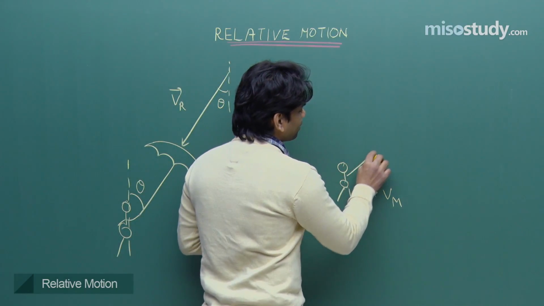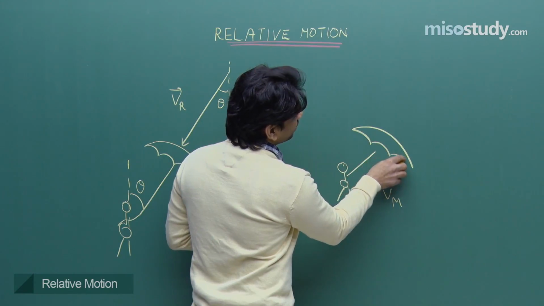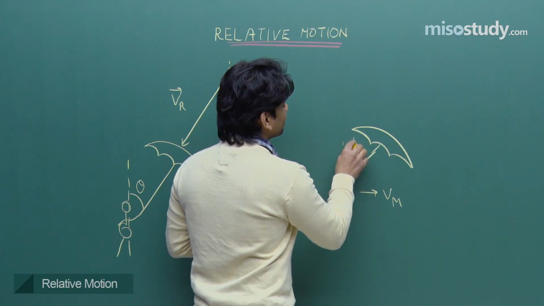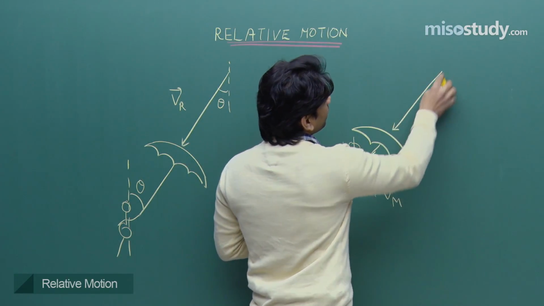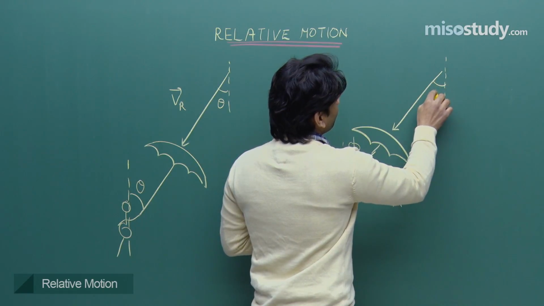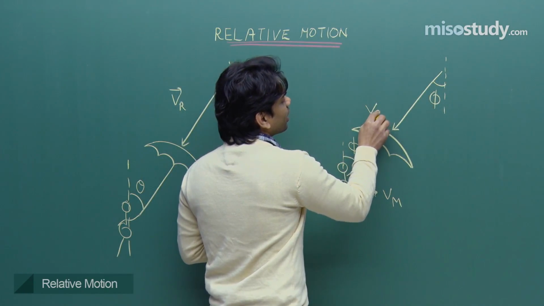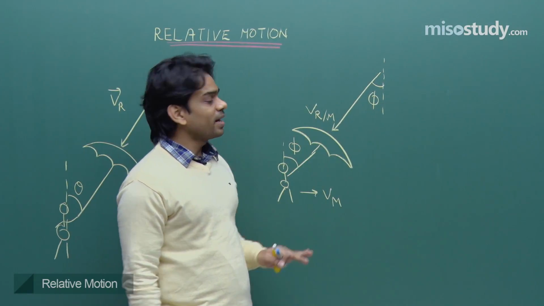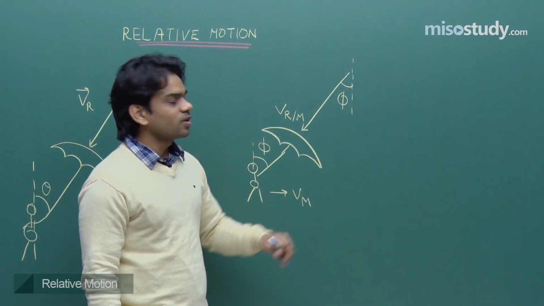You have to hold the umbrella in a direction different from earlier. Let's say this angle is phi, and rain will appear to you falling making an angle of phi. That means this is the velocity of rain with respect to man. In this direction you have to hold the umbrella when you are moving with some speed.